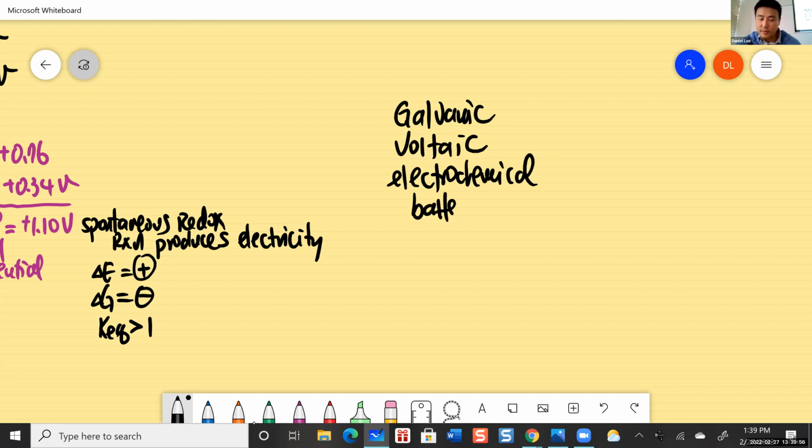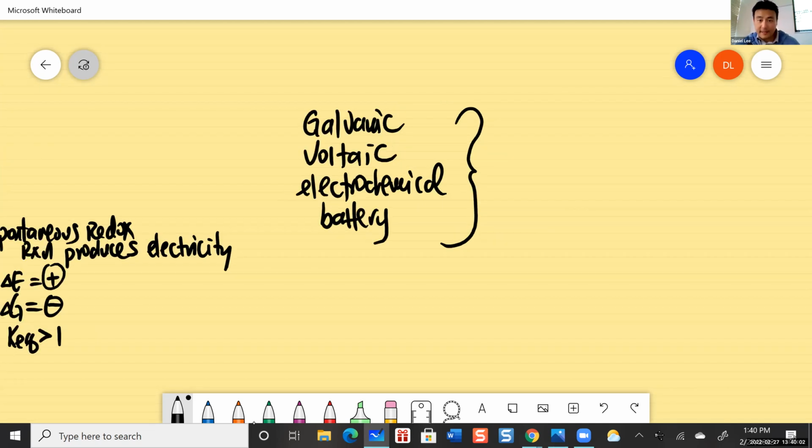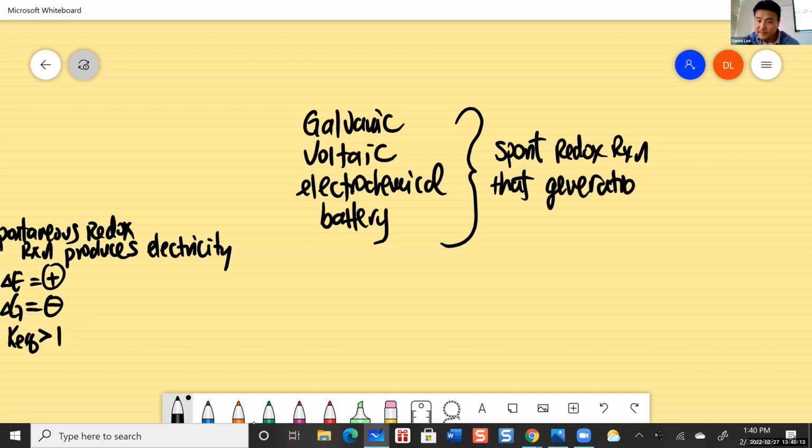They're spontaneous reactions that produce electricity. So it doesn't matter how you describe them, these have something in common. These must be spontaneous redox reactions that generate electricity. So essentially, that's what a battery is.